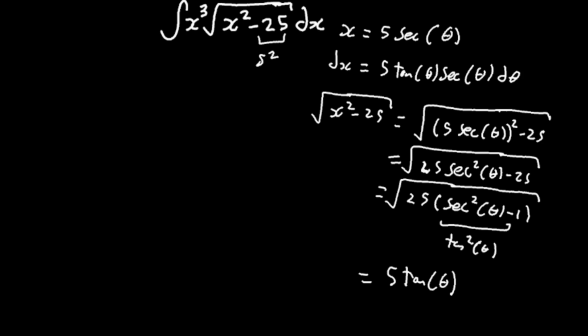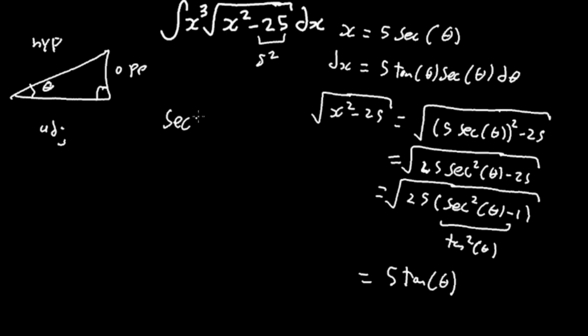Now, the next part generally is going to be to draw your right triangle. So this is our angle theta. This is the opposite. This is the adjacent. This is the hypotenuse. Now, we have x equals 5 secant theta.